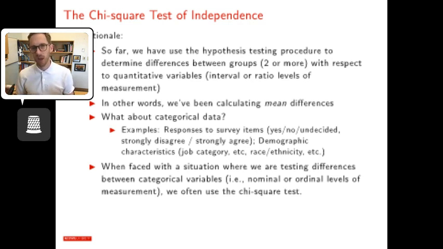What if we have different demographic characteristics? So these nominal levels of measurement can't be applied to some of the mean tests that we've been running before. So when faced with this situation where we do want to test for differences across categorical groups, we can often use a chi-squared test.